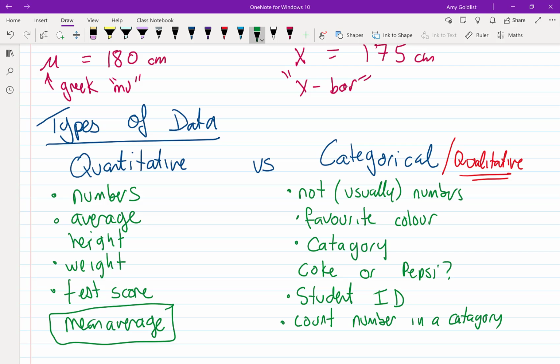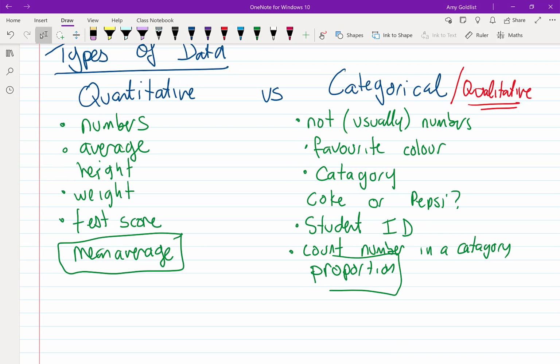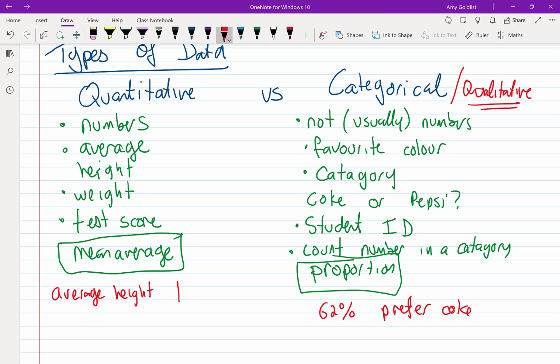Instead, what we do is we count the number of things in a category. And we call this a proportion. And this might include something like 62% of people prefer Coke, where the mean average might be something like the average height is 180 centimeters.